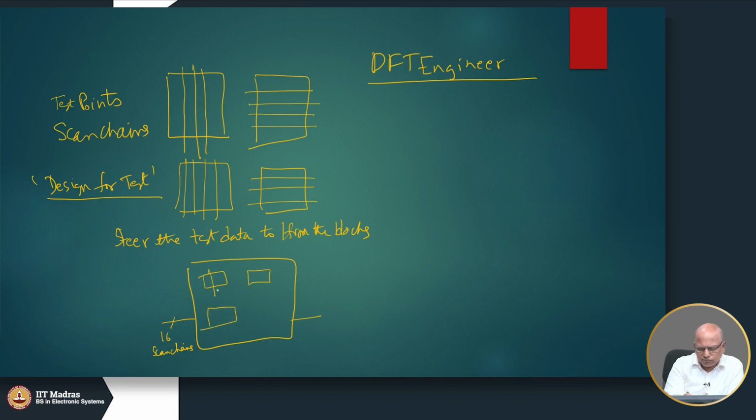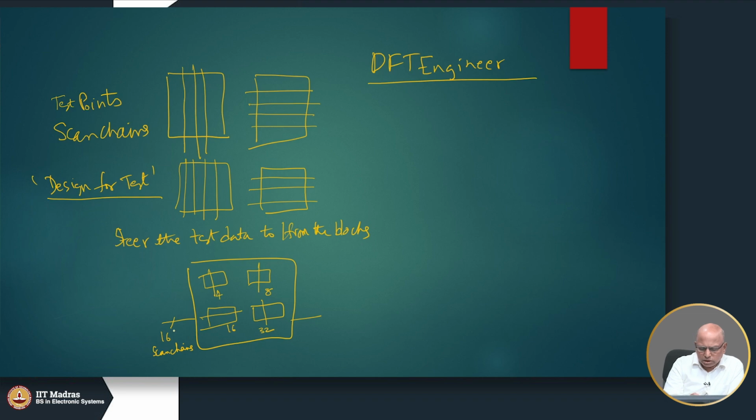For example, this may have 4 scan chains, this may have 8 scan chains, this may have 16 scan chains, and this may have 32 scan chains. So, you have to architect the testing, you have to decide the sequence in which you will go and test all these blocks, okay, and how these scan chains will be connected.